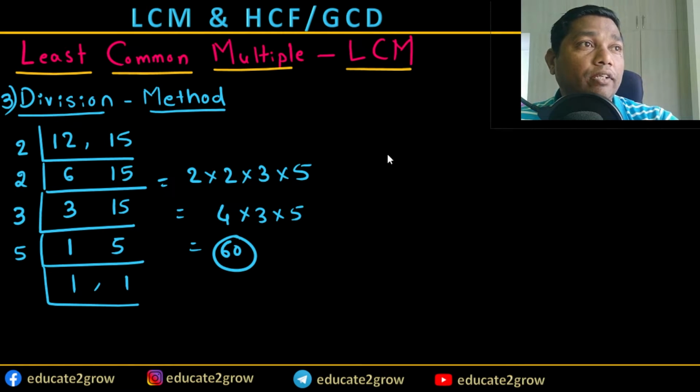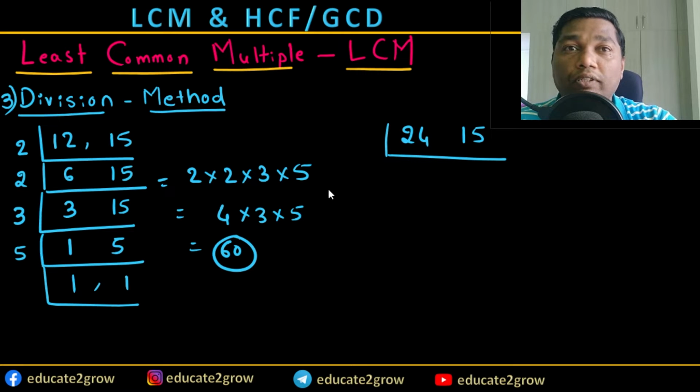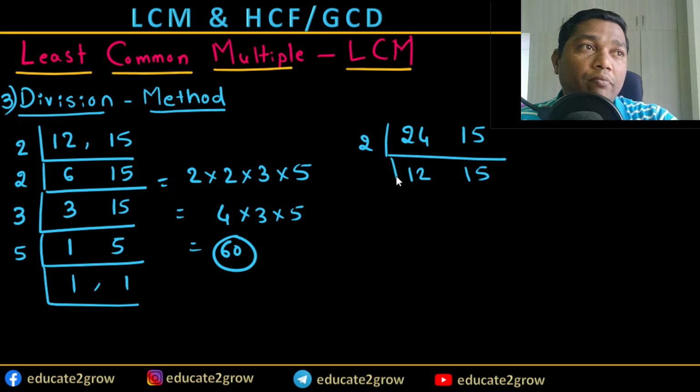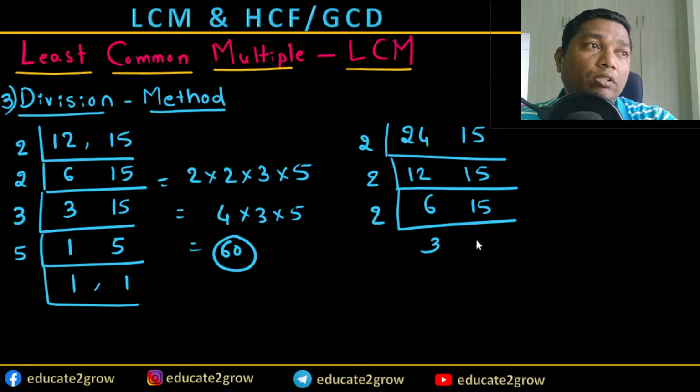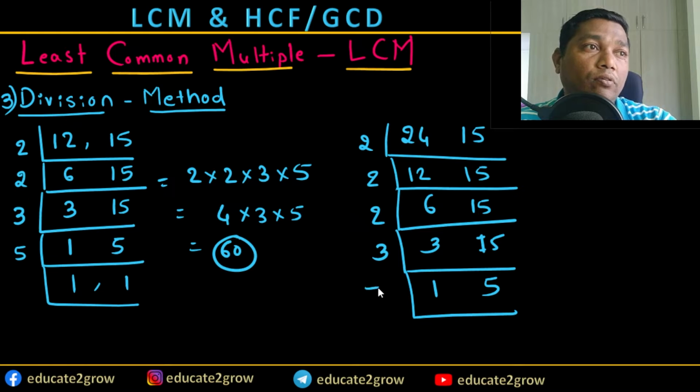Let's find the LCM of 24 and 15. We start with the prime 2: 12 and 15 remains same. Next 2: 6, once again 15 remains same. Now once again 2: 3 and 15. Now 3: 1 and 5. Then 5: 1 and 1.